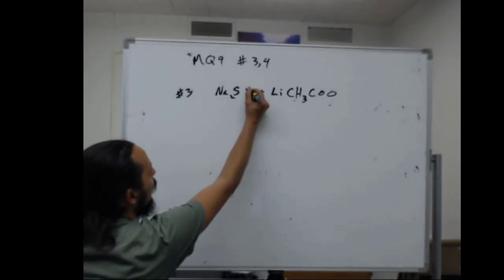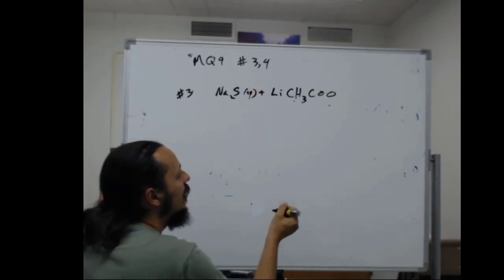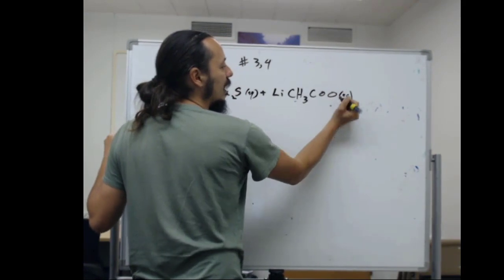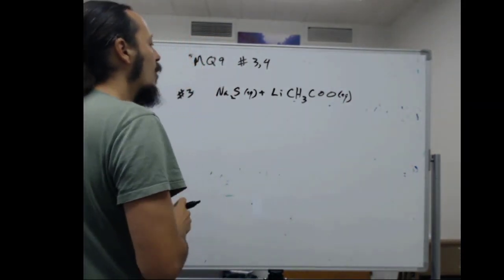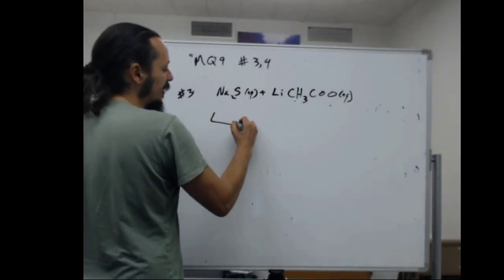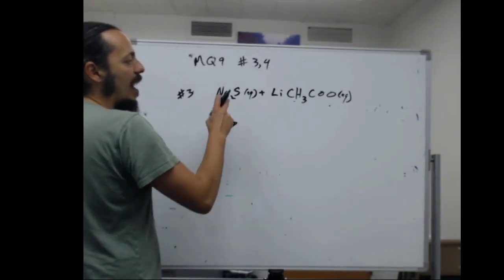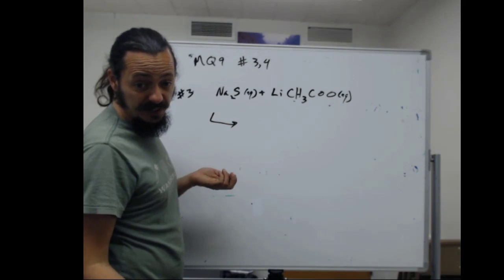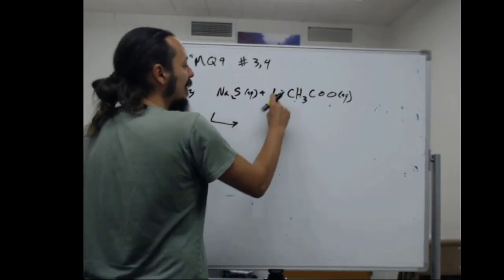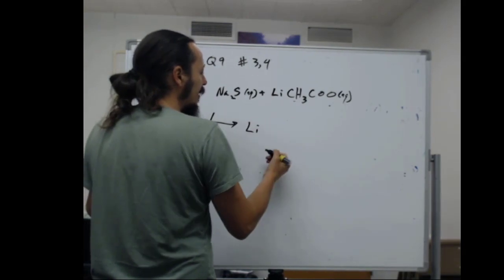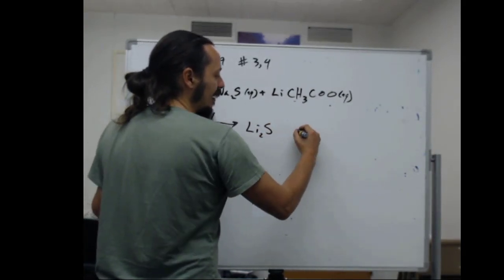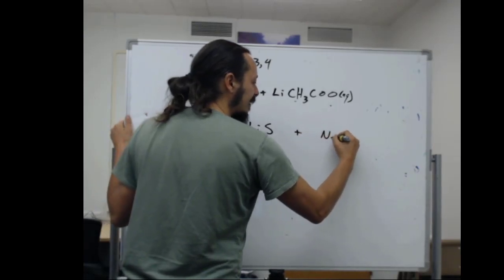It says both of these are aqueous. Makes sense. Lithium compounds typically dissolve in water, and sodium compounds typically dissolve in water. I didn't give myself enough space, so I'm just going to do my products over here. I'm going to do a double displacement, metathesis flip-flop reaction. I'm going to switch my sodium and my lithium. I'm going to do lithium sulfide, charge balanced, and sodium acetate.